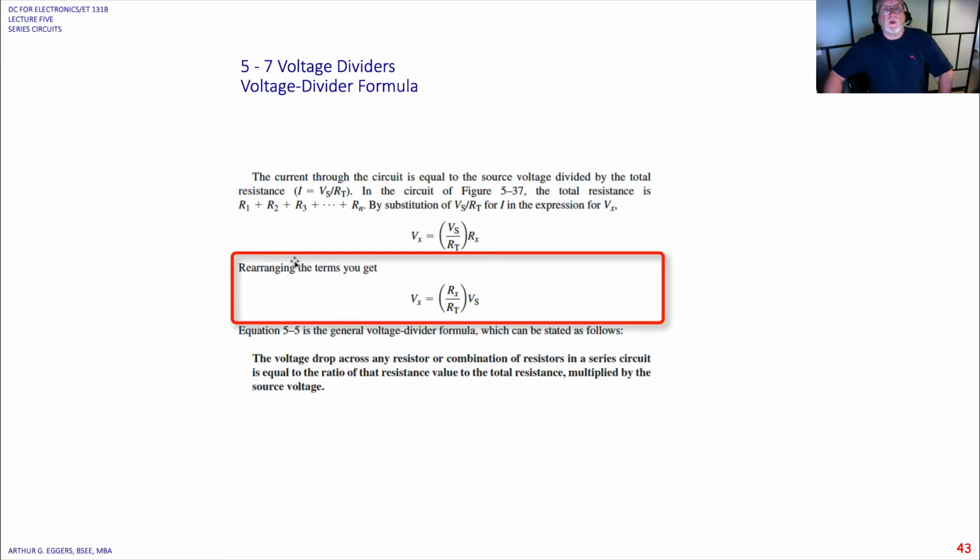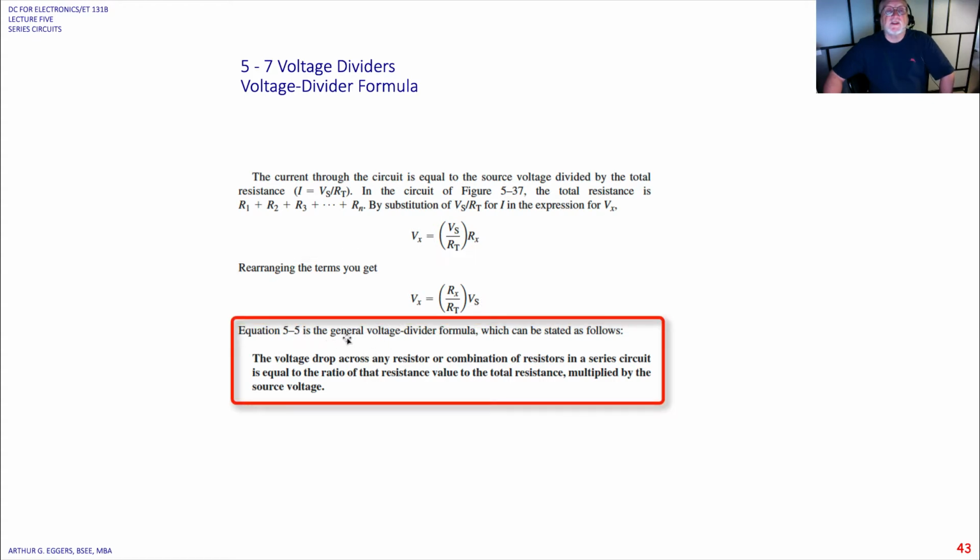So we can rearrange the terms a little bit, and we get Vx is equal to Rx, the resistor of interest, divided by the total resistance, multiplied times the source voltage. This is the general expression for a voltage divider formula.